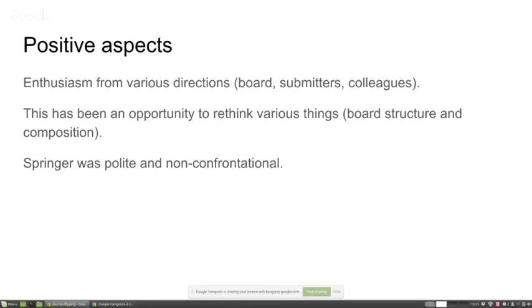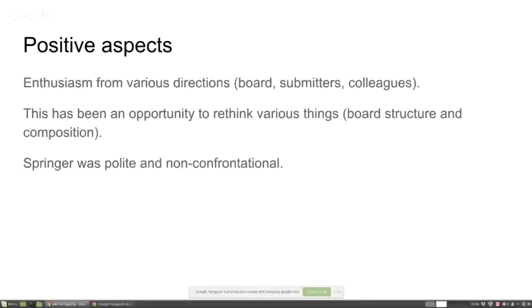As it played out for us, Springer was professional. There weren't legal threats. Springer is still keeping the Journal of Algebraic Combinatorics. They did find people to be on the editorial board.